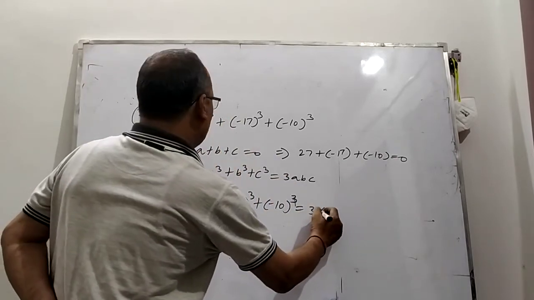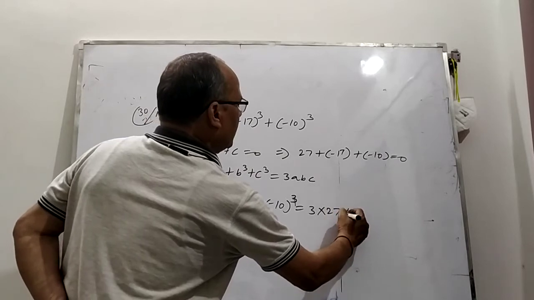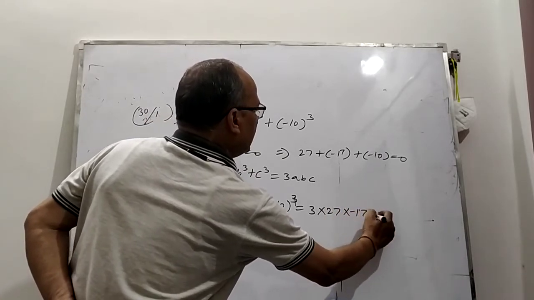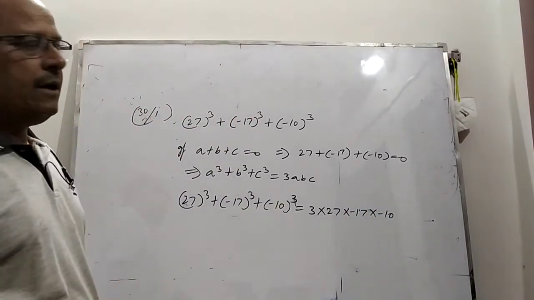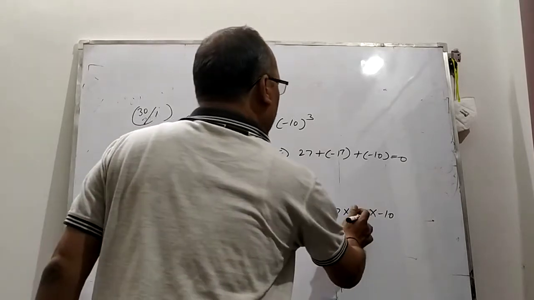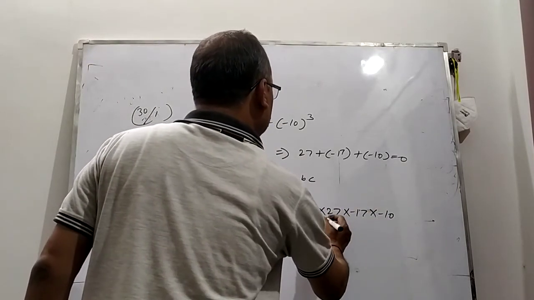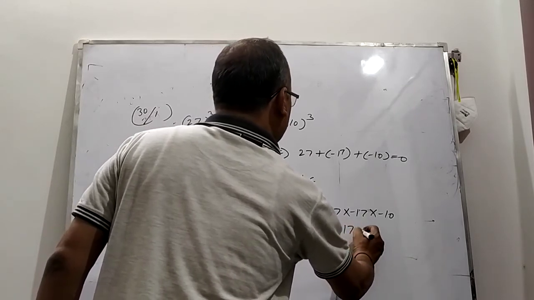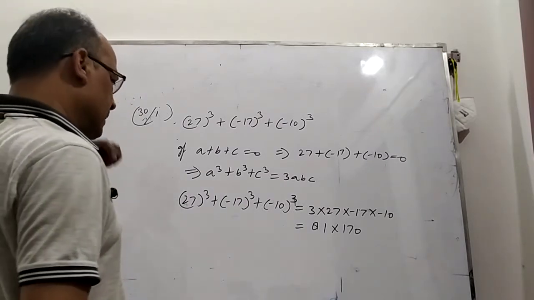So 3 into A, what is the value of A? 27, B is minus 17 and C is minus 10. This will be 3ABC. Minus minus plus, 81 into 170, you will multiply, then you will get the result.